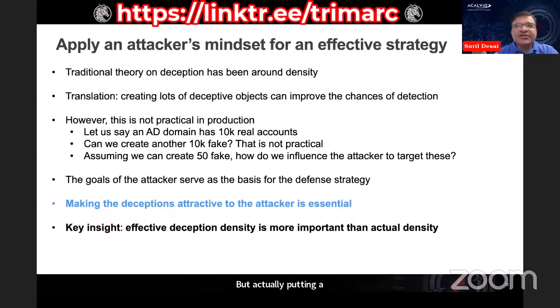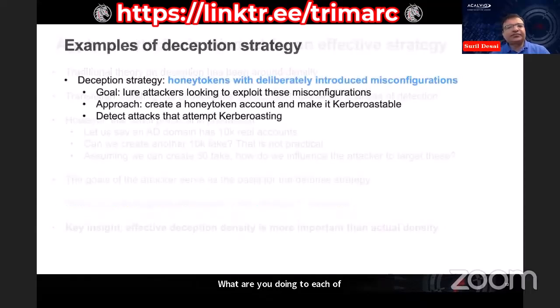Each account that is there needs to be made enticing for the adversary to exploit to improve your chances of detection. So the key insight here is that effective density of deception is more important than actual density. So it's not about how many accounts are there. It is what you are doing to each of them to improve the chances of detection.